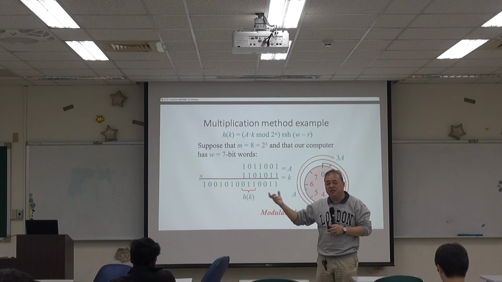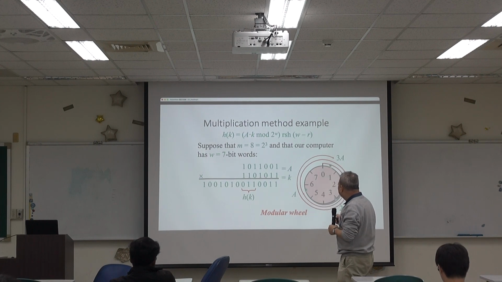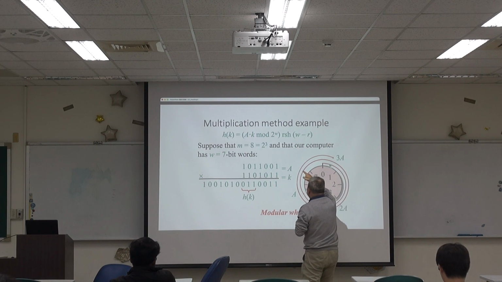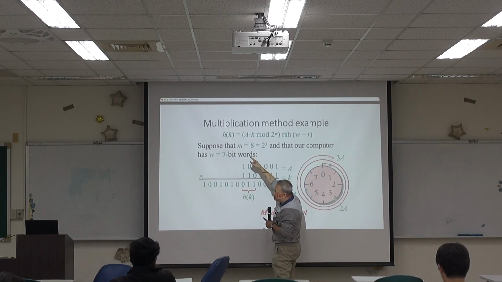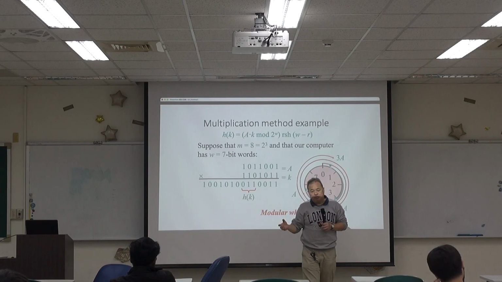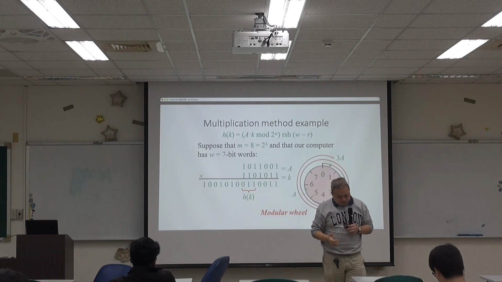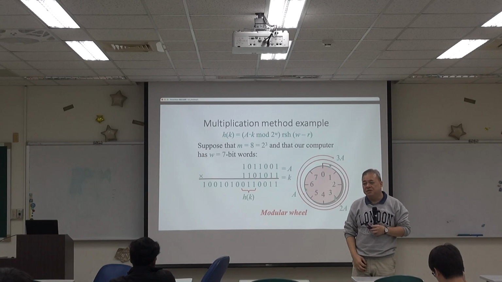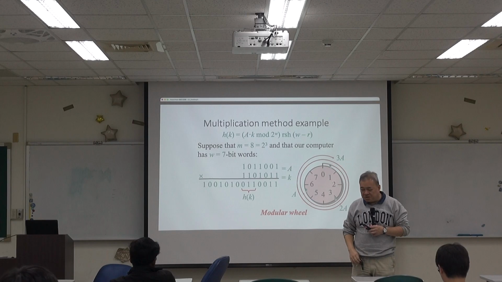It's just a shift operation. So this part can be computed efficiently, and this one can be computed efficiently too. That is why the multiplication hash function is usually preferred over the division method.